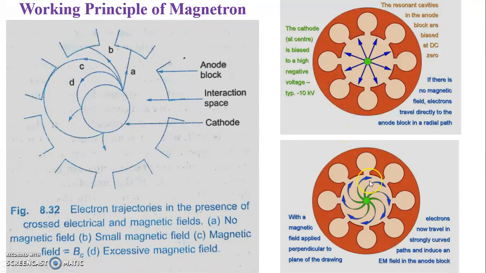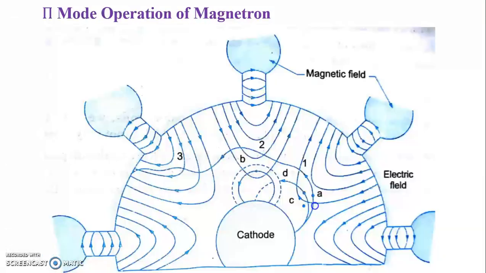Instead of this, if a magnetic field is applied which is perpendicular to the plane of this drawing, then electrons now travel in strongly curved paths and induce an electromagnetic field in the anode block.